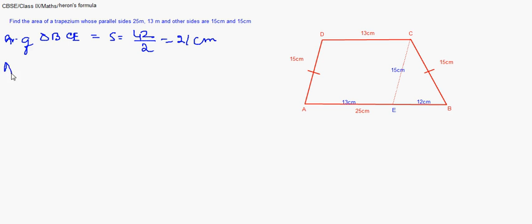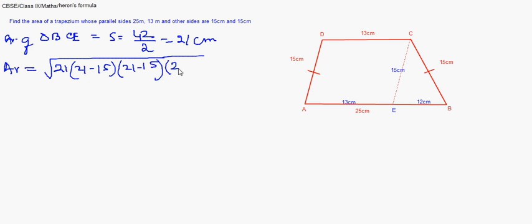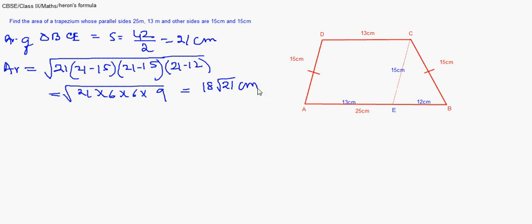So area will be root of 21, and then 21 minus 15, 21 minus 15, and then 21 minus 12. So this is 21, 6, 6, and 9, which gives 18 root 21 centimeters square.